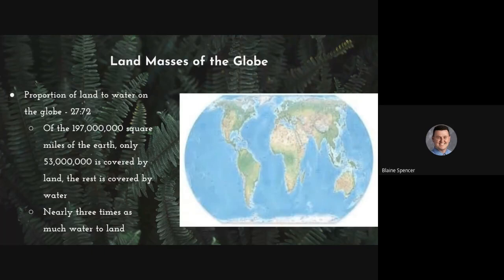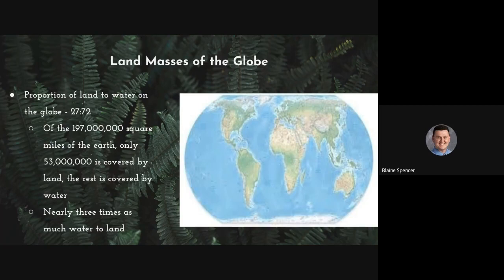When we look at the globe and break down the proportion of land to water, it's about a 27 to 72 ratio. If you look at it almost as a percent, 27% of it is land and the rest of it is water.